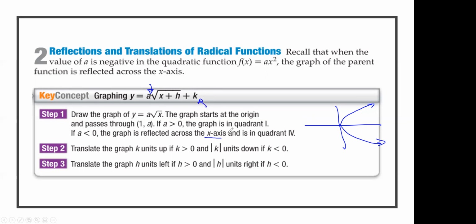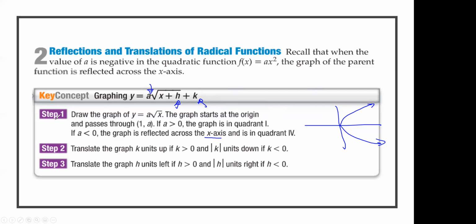So if something is being added outside of the radical symbol, then it's going to move that many units up or down. If k is greater than 0, you're going to move up. Your starting point would move up, and if k is less than 0, then it would move down.